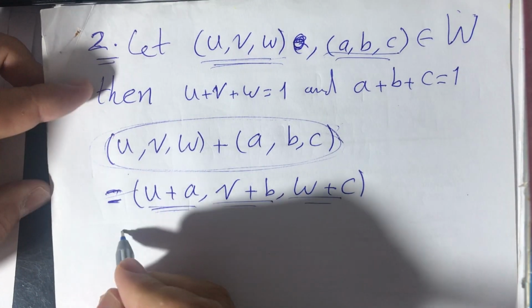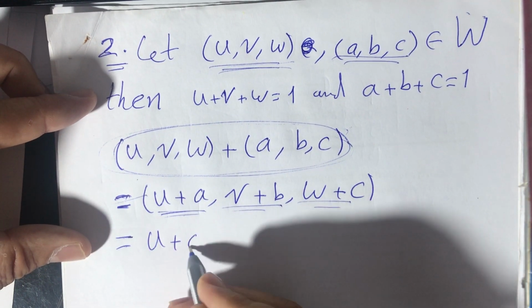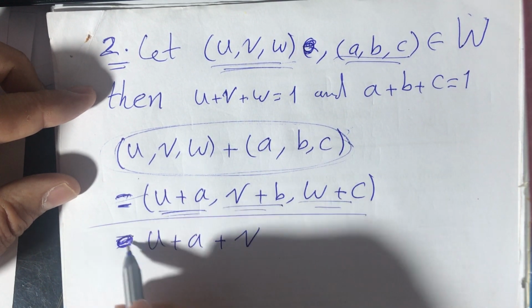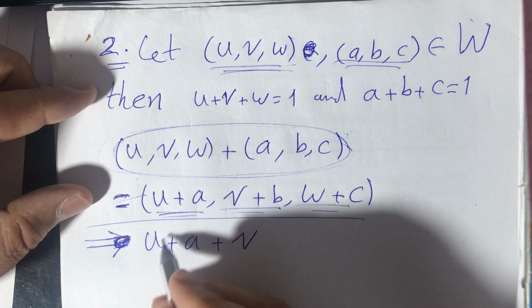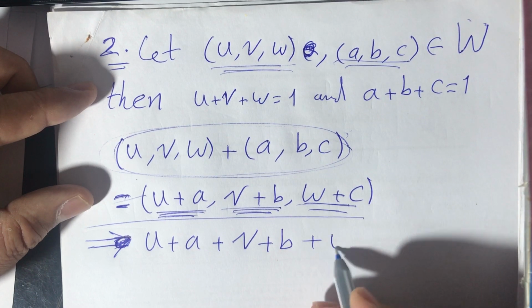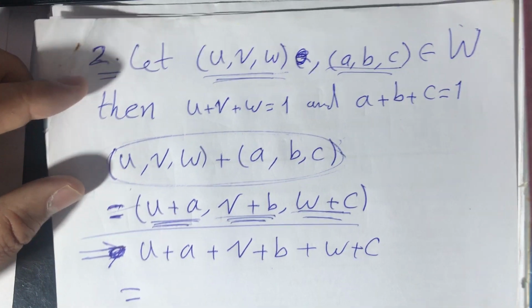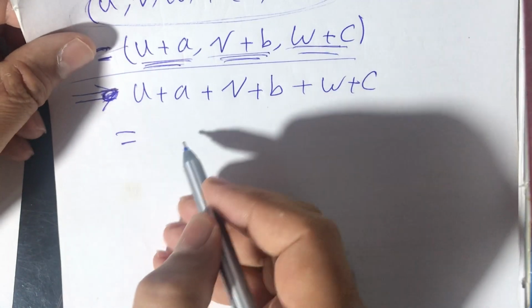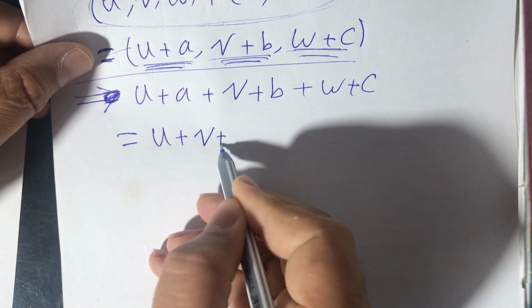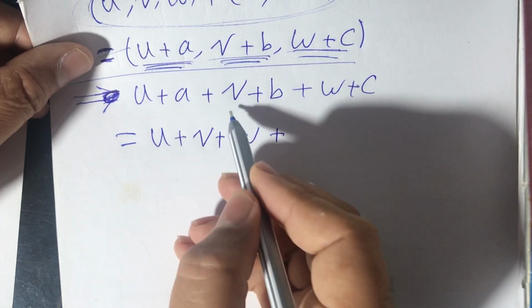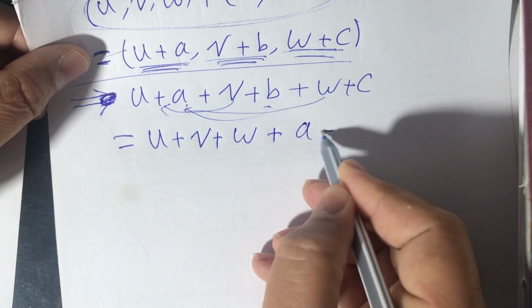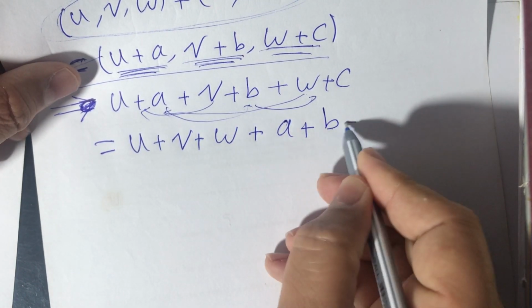Now this is equal to u plus a plus v plus b plus w plus c. This will be of course equal to u plus v plus w plus a plus b plus c.